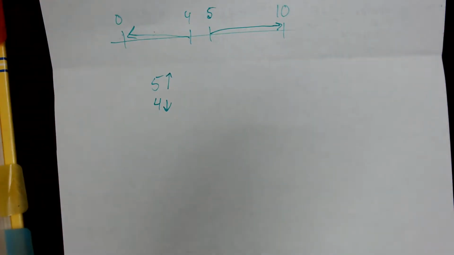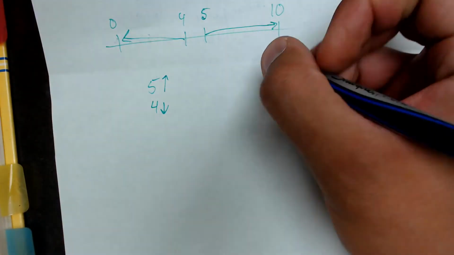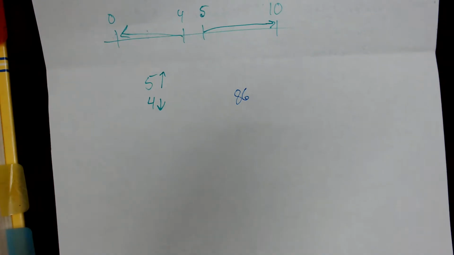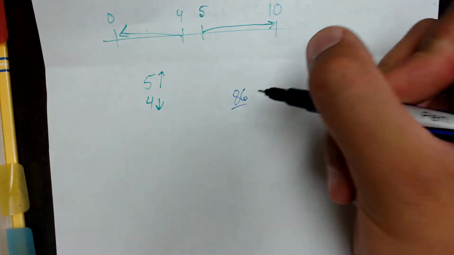So let's go ahead and take this and apply it to a problem. This can also be done to place value. So let's say we've got the number 86, and I want to round this to the nearest 10. So what I'm going to do is I go to the tens place, which is right here on the 8.